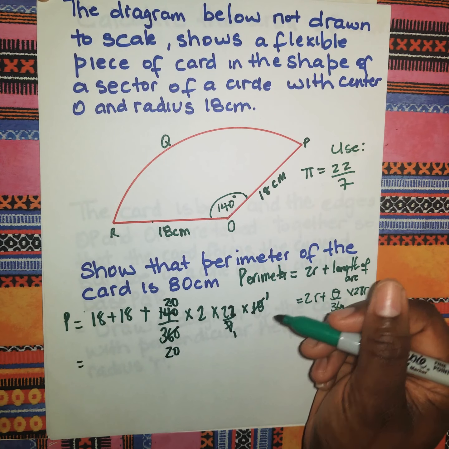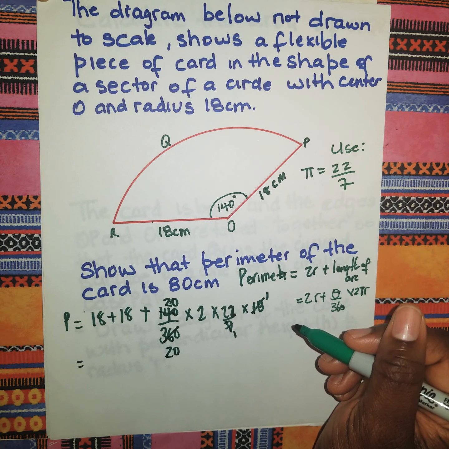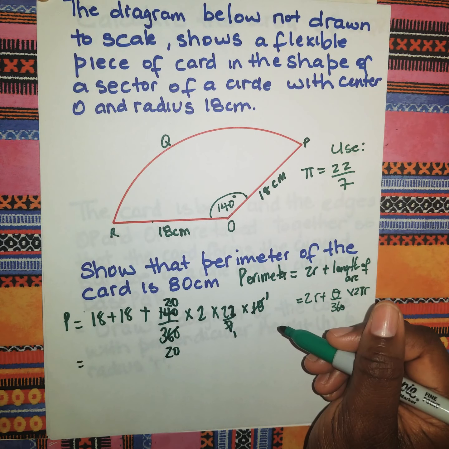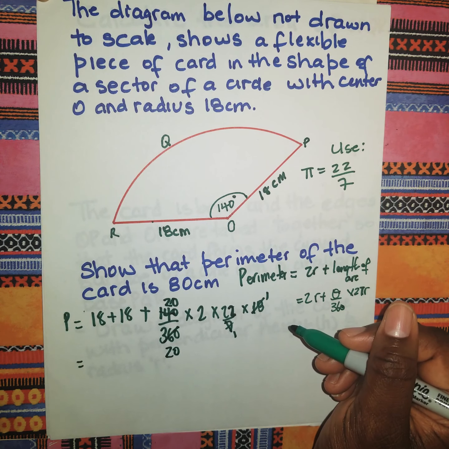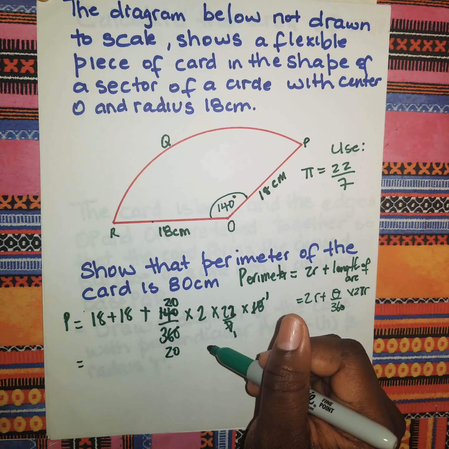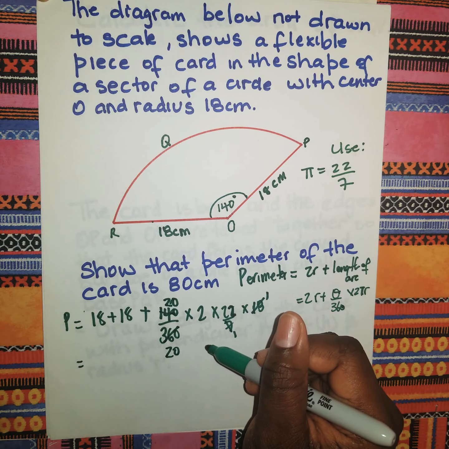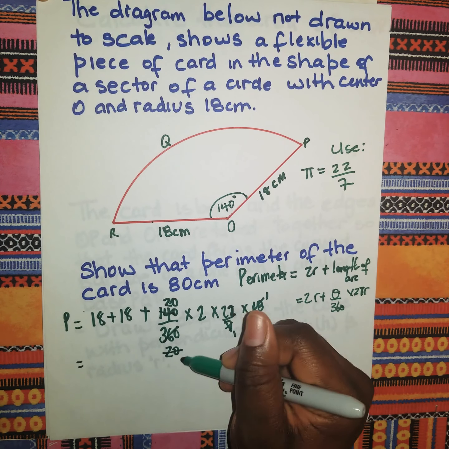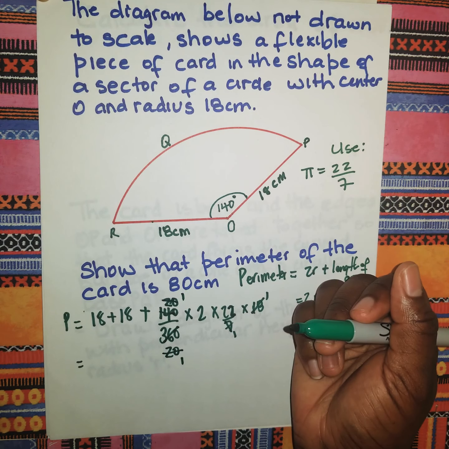What else can I cancel? All right, let's go. So we know that 20 cancels 20. That's 44.